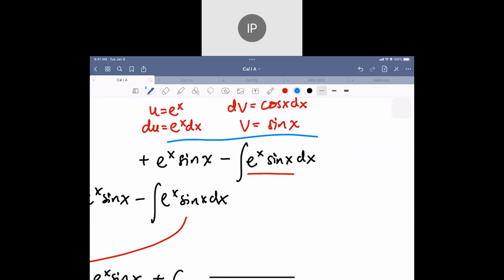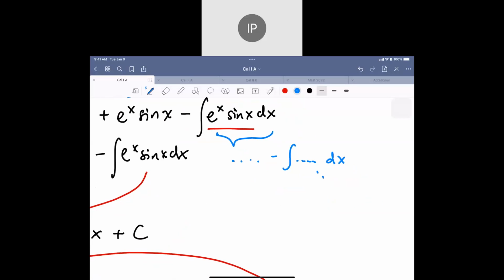And if we forget to stop here and reevaluate the equation, we might end up doing another integral by parts, and another integral, and we keep repeating all the time.